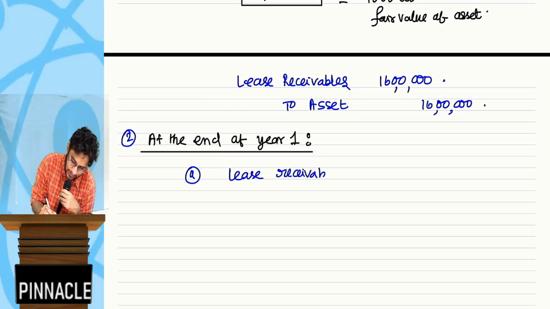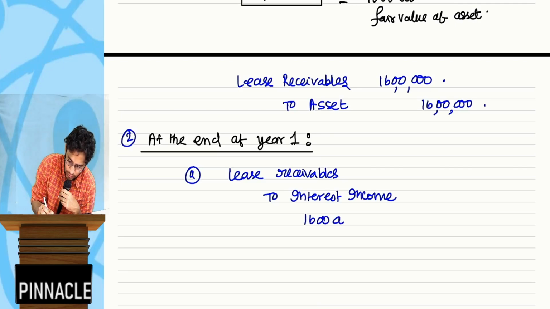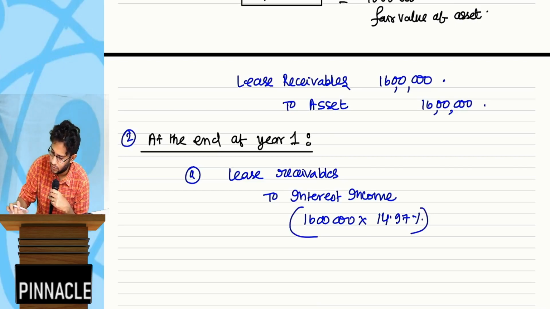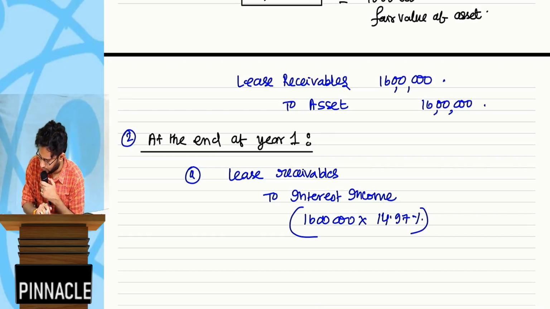Lease receivable account debit to finance income or interest income. 16 lakhs at 14.97% gives 239,520.